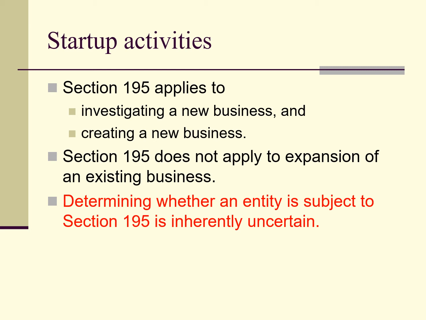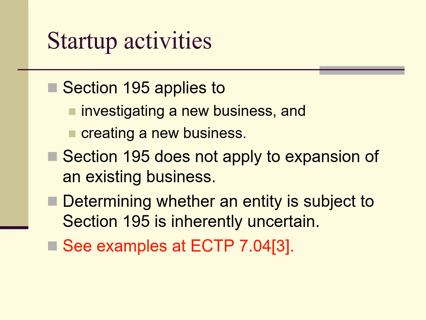This means, then, that the determination is inherently uncertain. For examples of cases of the expansion of an existing business, see the text at 7.043a. And for examples of new businesses, see the text at 7.043b.